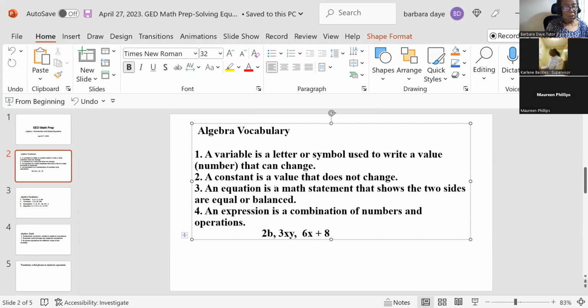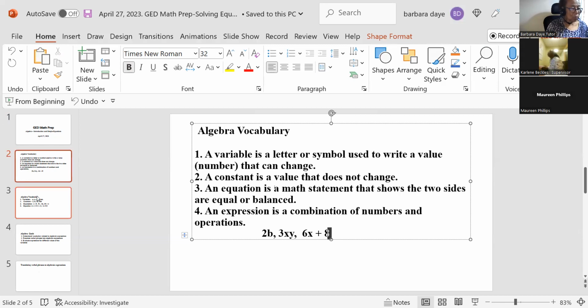See, it doesn't have an equal sign. We call it an algebraic expression. And each part of the expression we call a term. So 2b just has one term. That's 2b. 3xy has one term. That's 3xy. 6x plus 8 has two terms, 6x and then 8.